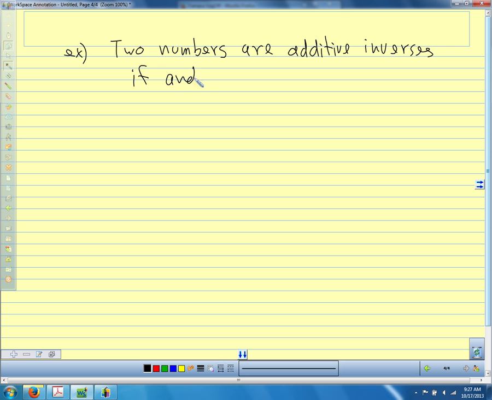Two numbers are additive inverses if and only if they add to 0. So we want to take this one apart. We want to write this as a conditional and a converse.